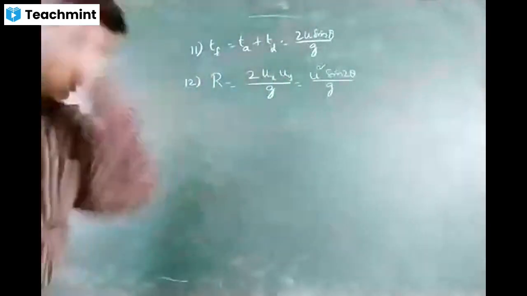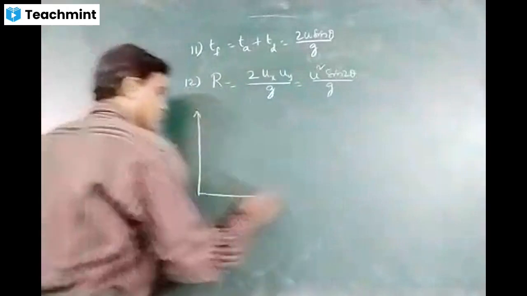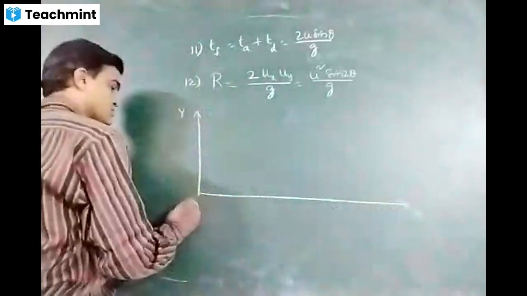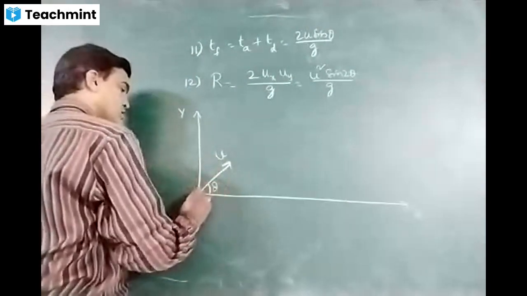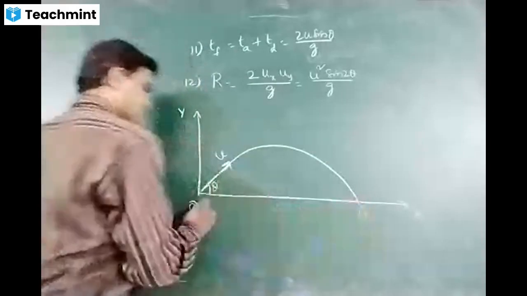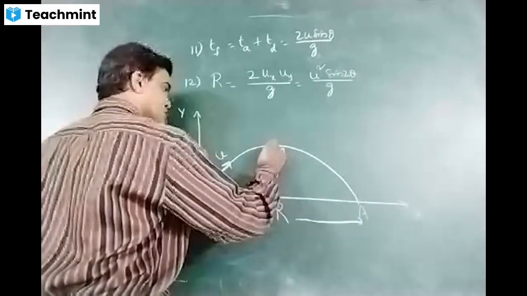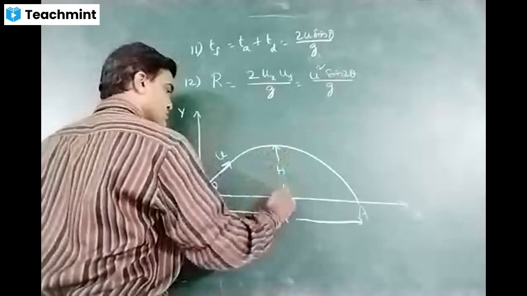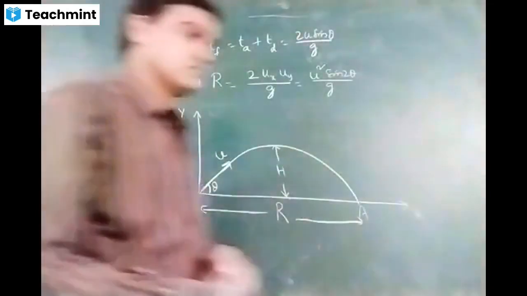Oblique projectile: x-axis, y-axis, origin, u, theta. This is A, and this one is the range. This one is the maximum height.